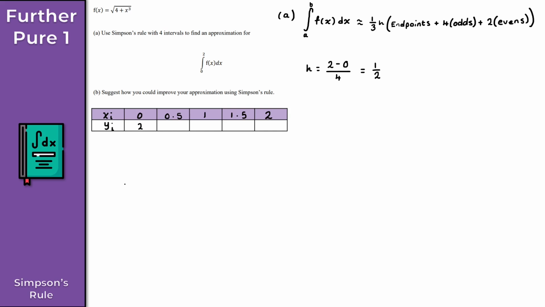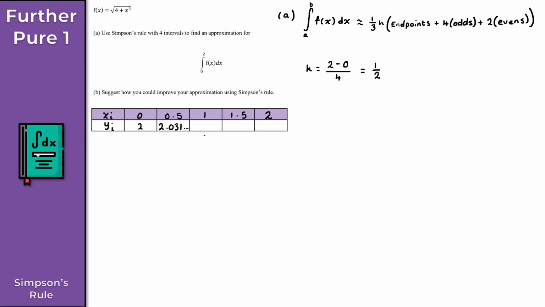Okay, so let's keep going when x equals 0.5. For the next set of values for x, so x equals 0.5, 1, 1.5, and 2, we will need to use our calculator. These values will not be integer values, so just use your calculator here. I get 2.031, and so on.